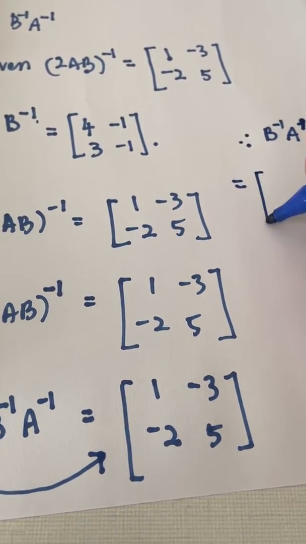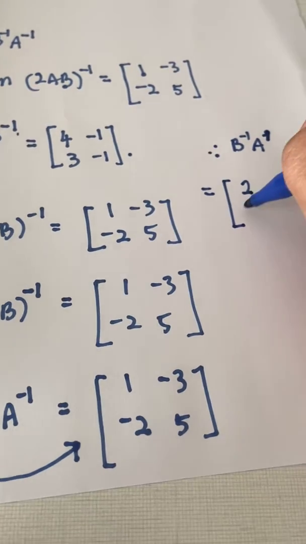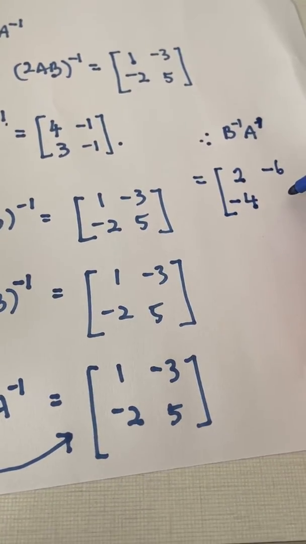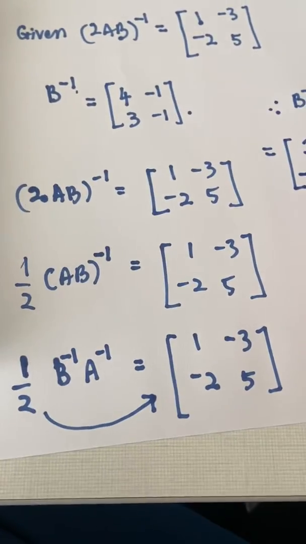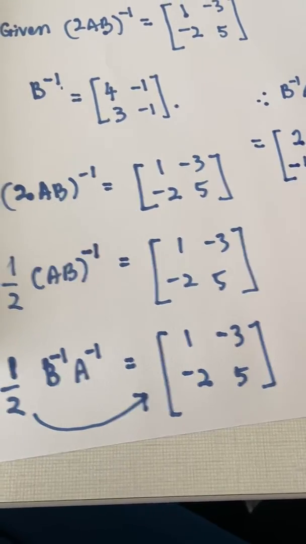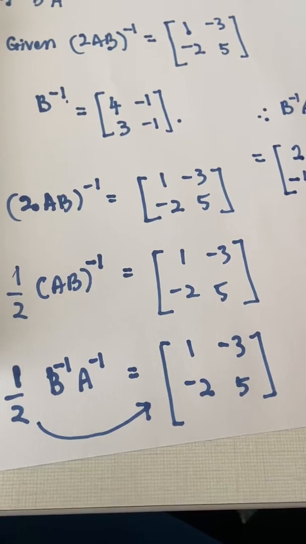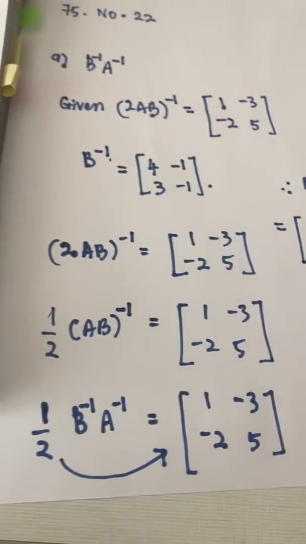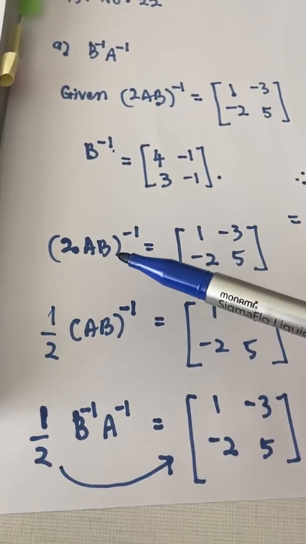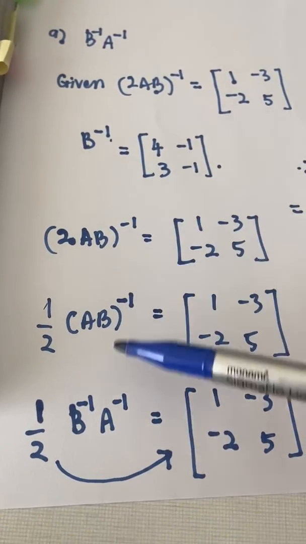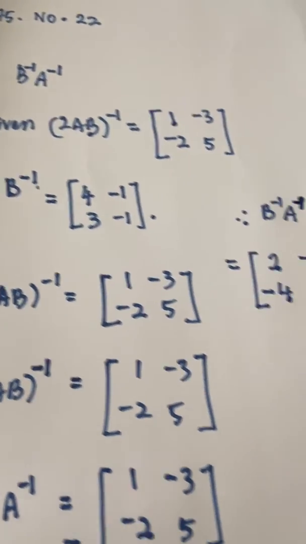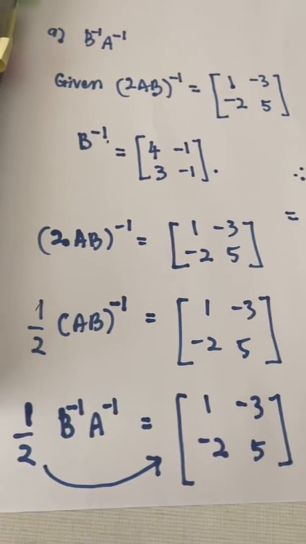So you akan dapat 2, -4, -6, and 10. Okay, so you get your answer there, B inverse, A inverse. So kat sini you apply two properties to get the answer for A here. Okay.